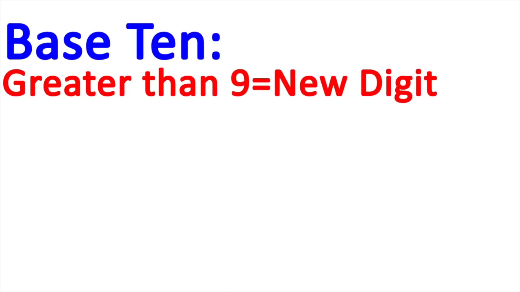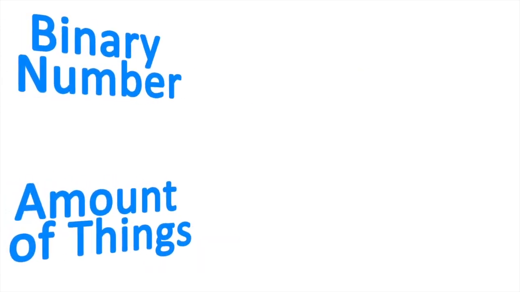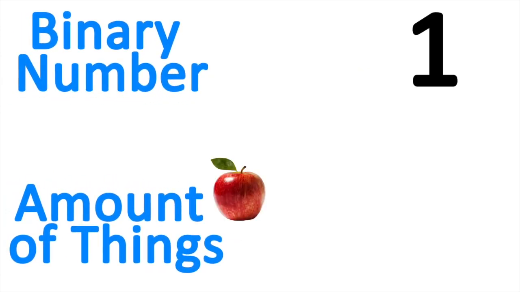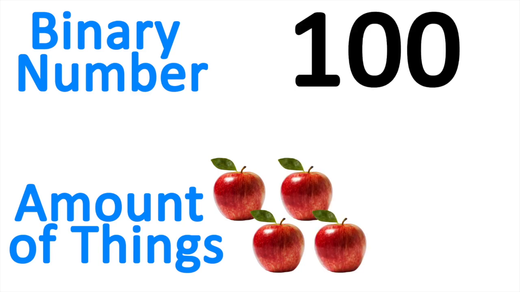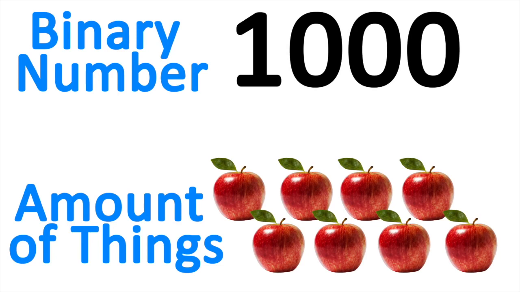Now this is probably something you already know, but it's very important to keep it in mind when we talk about binary. Binary works the exact same way as base 10 positional, but instead of each digit going from 0 to 9, it goes from 0 to 1. Counting upwards in binary sounds like this: 0, 1, 10, 11, 100, 101, 110, 111, and 1000.